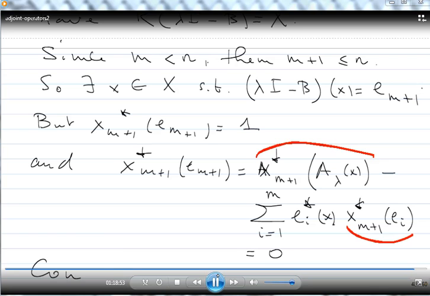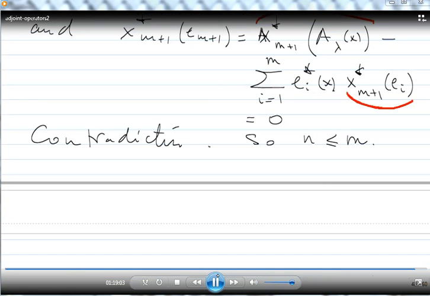So n is less or equal than m. Next, we do exactly the same, but by duality. Assume that m is less than n, and we introduce a new operator C that goes by duality. We repeat the same process.